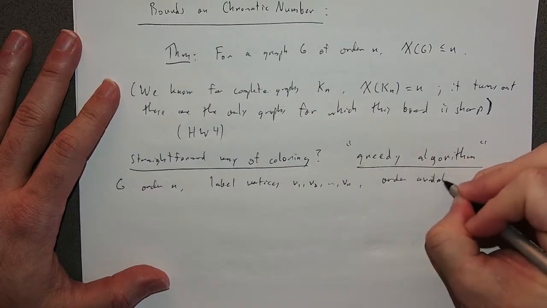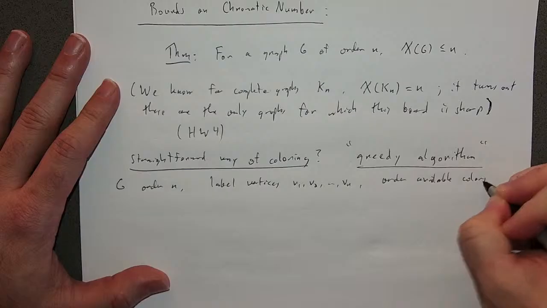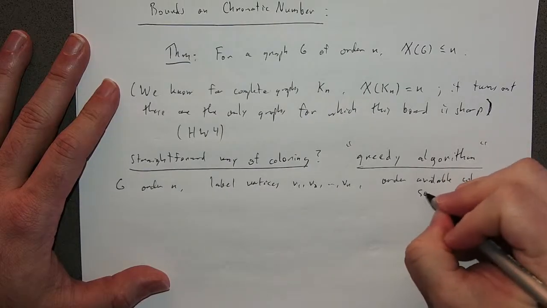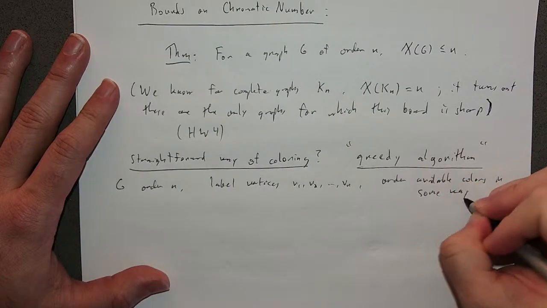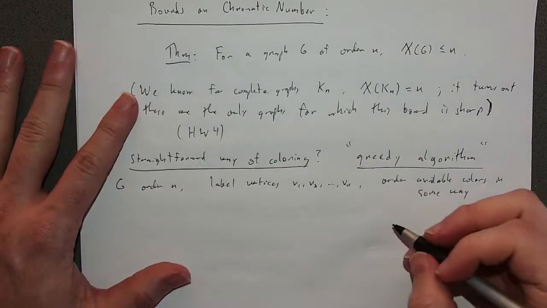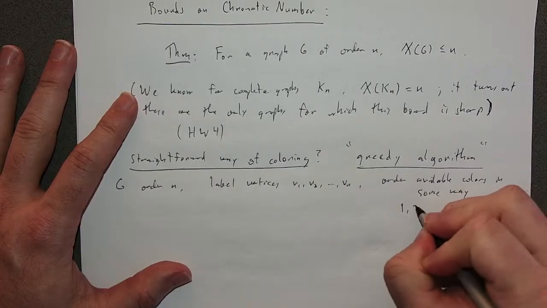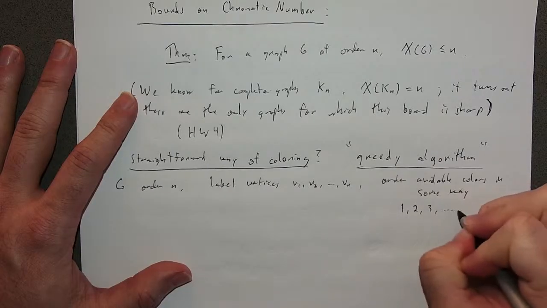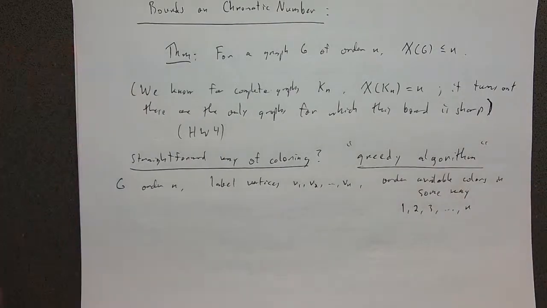Okay. We can denote these by positive integers. We know n is the most that we would need here, right? So we start coloring by assigning color 1 to vertex 1.